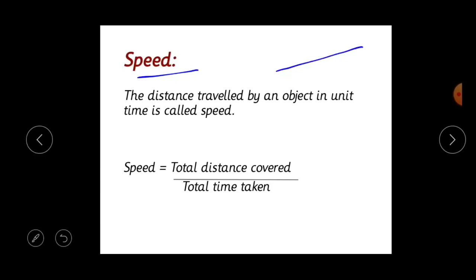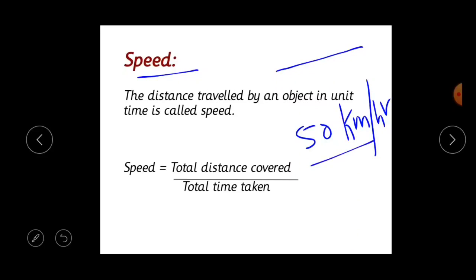See here, when we say that a car is moving with the speed of 50 kilometer per hour, we usually consider only the total distance covered by it in 1 hour.